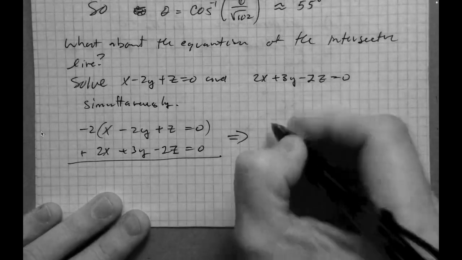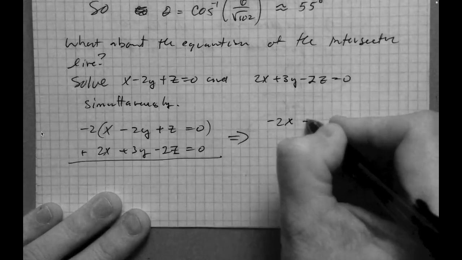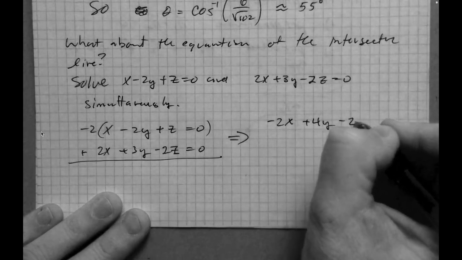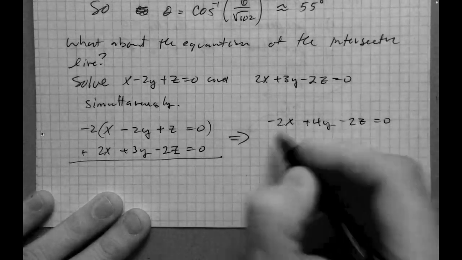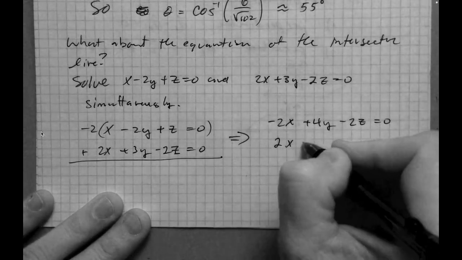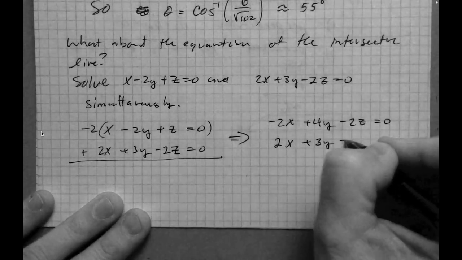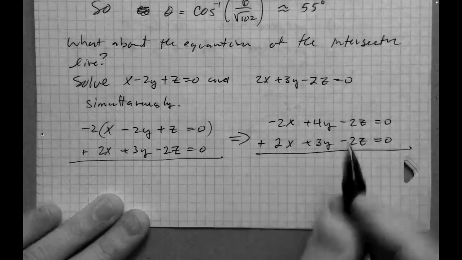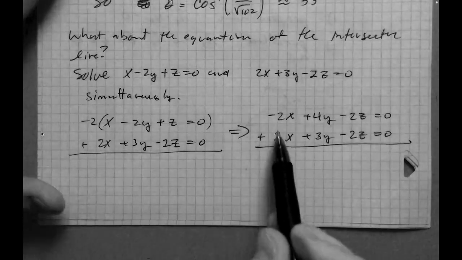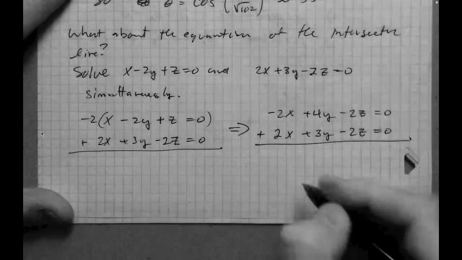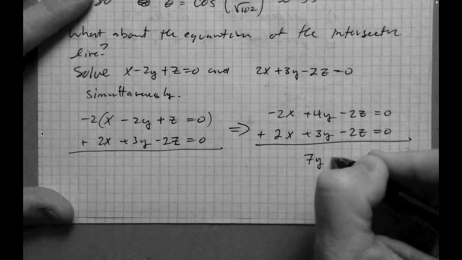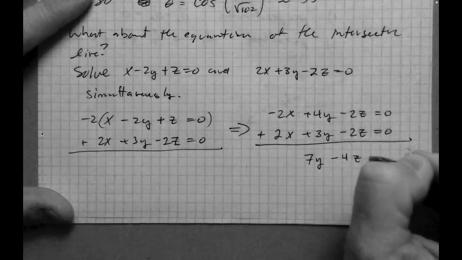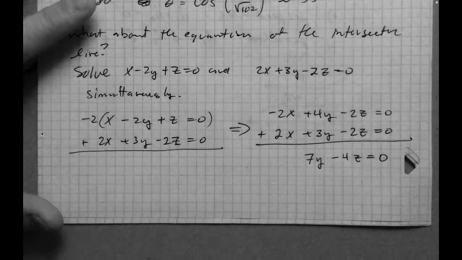So if I do that, then I'll have negative 2x plus 4y minus 2z equals 0, and I'm going to add to that 2x plus 3y minus 2z equals 0. I'm going to add those together. So the x's will cancel each other out, and I'm going to just have 7y minus 4z equals 0.